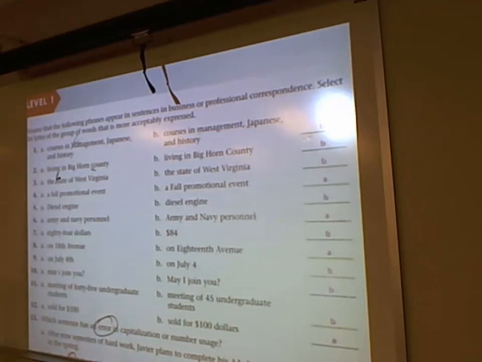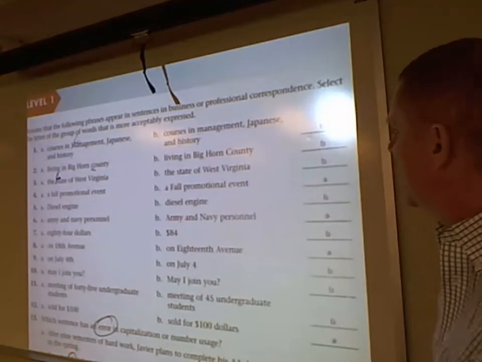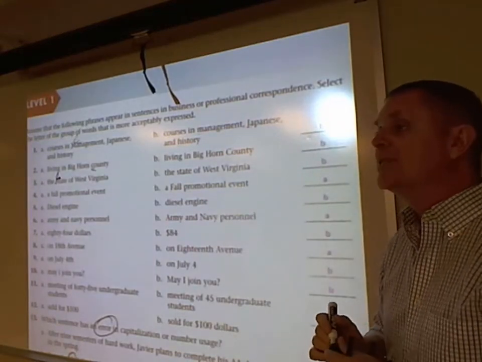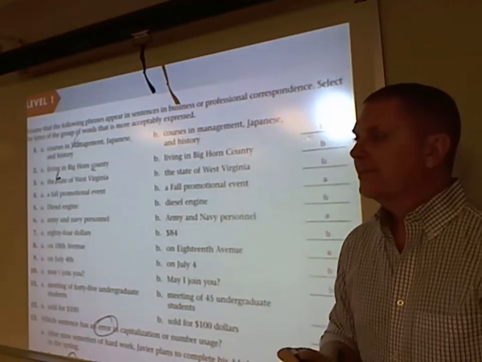What? It says B. Yeah, it does say B. Diesel engine. Diesel is the name. In fact, I believe it shows diesel in your textbook as being capitalized, does it not? I can look myself. Let me go back and reference that one really quickly.